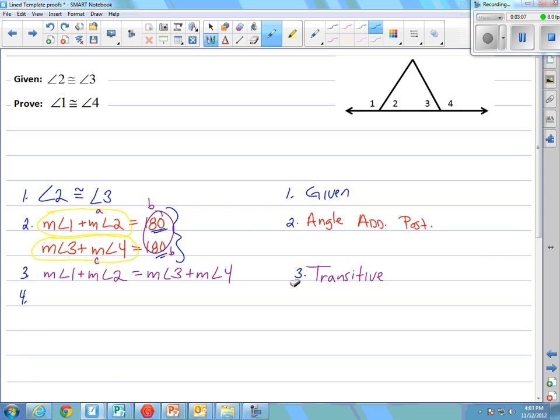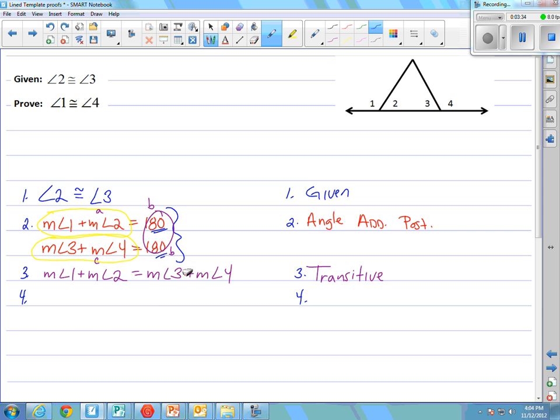The next thing we always want to do in this progression of a pattern is, whenever you have two values added together equal to two other values added together, you always want to try to eliminate something from the left-hand side and eliminate something from the right-hand side. I recognize that nothing shows up identical in terms of symbols. Measure of angle 1 doesn't show up on the right-hand side.